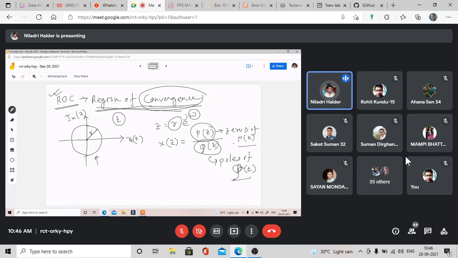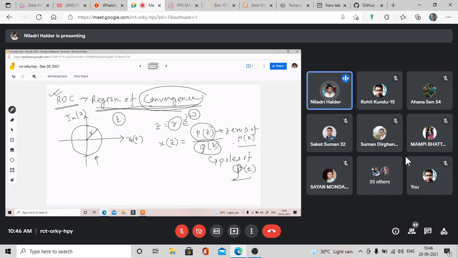So first, what you need to do, you need to calculate X(z), that is the Z transform of x[n]. So the value of X(z) will be, from the formula, summation of n equal to minus infinity to infinity x[n] z to the power minus n.